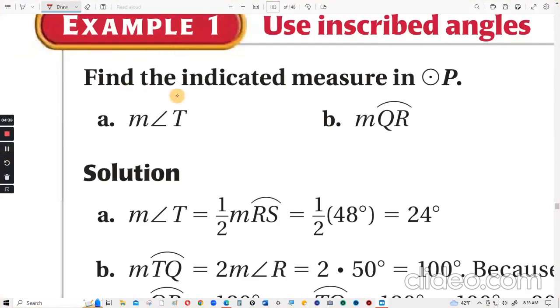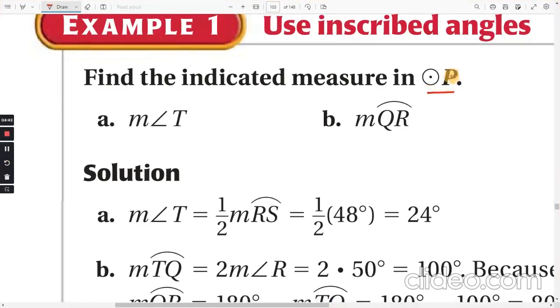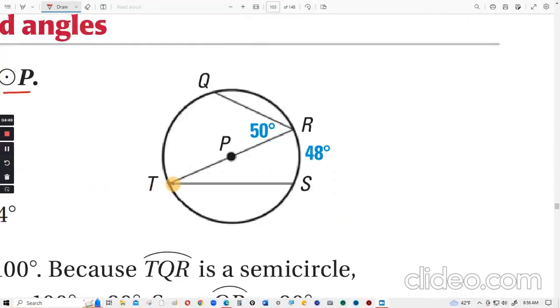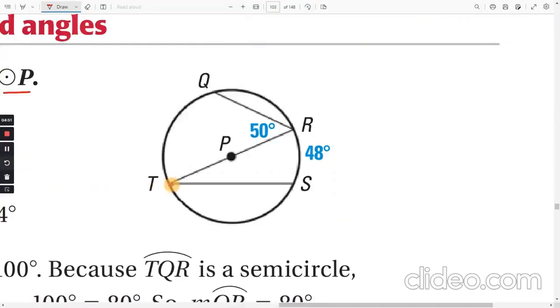Example 1, find the indicated measure in circle P. We know that P is the center. Part A, the measure of angle T. Here we have the angle's vertex at point T, so this is angle T, and it extends like this.